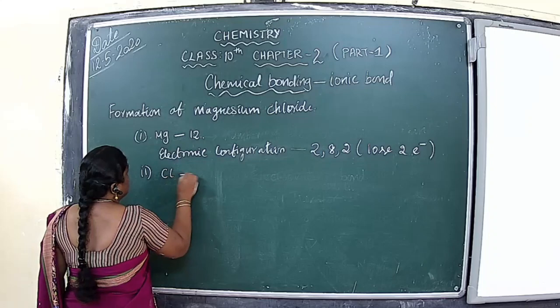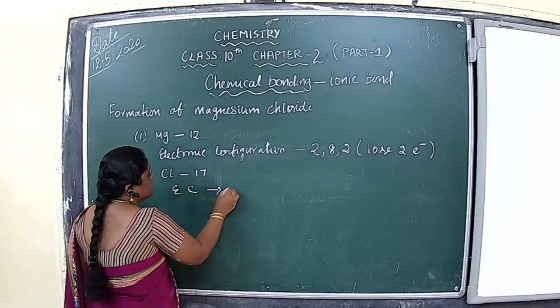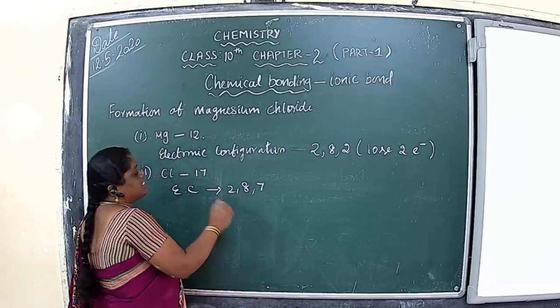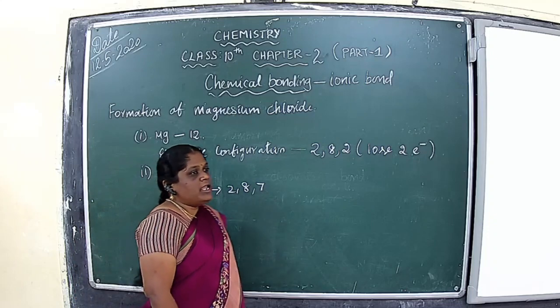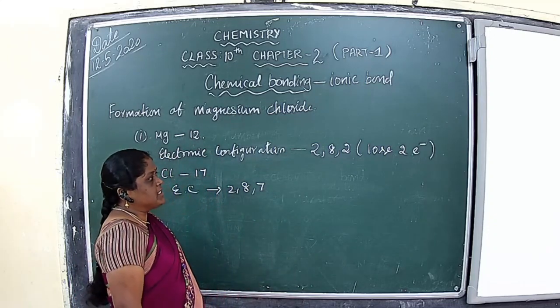Second one is chlorine. Chlorine has atomic number 17. The electronic configuration of chlorine is 2, 8, 7. It needs 1 electron, then only it attains the stable electronic configuration.